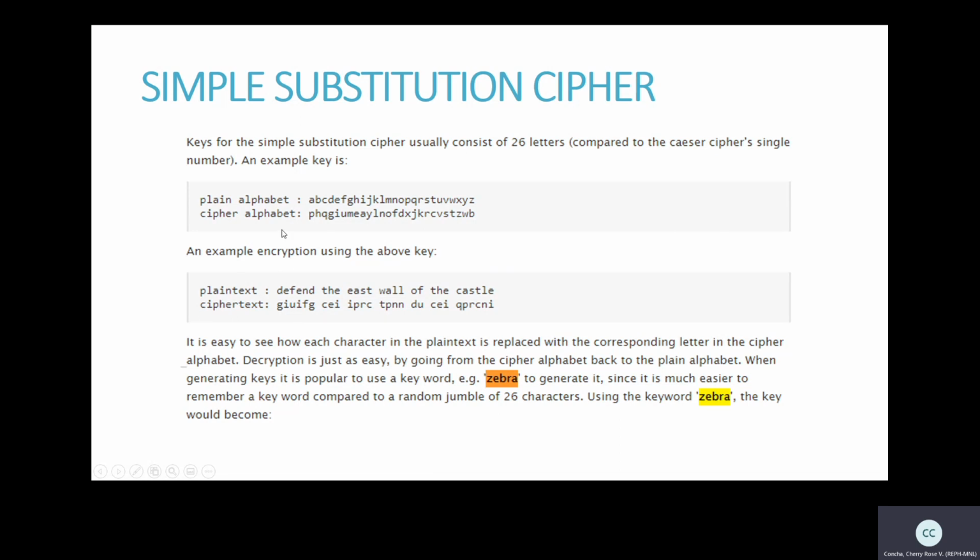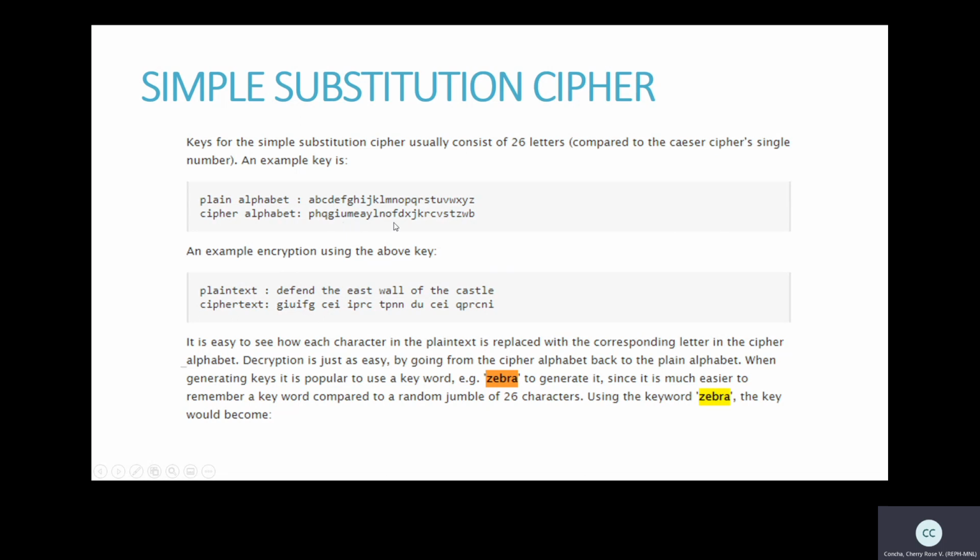An example encryption using the above key: the equivalent of A is P. You notice that the equivalent of D is G here. Equivalent of E is I. Equivalent of F is U. Equivalent of E is I here.